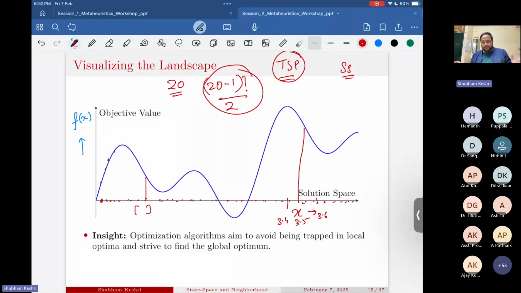What is the neighborhood permutation? How will we go to a neighbor? How will we define the next point? That is a good question to ask, and we will see how we define it. And that actually governs it. How to move to a next neighbor? What will be a next neighbor? Those decisions, when taken, define the landscape. You can have different kinds of neighbors. I may confuse you now, but we will see. And that governs how your landscape will look. Before that, did I answer your question? Yeah, thank you. Okay.